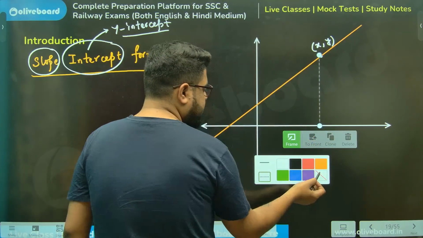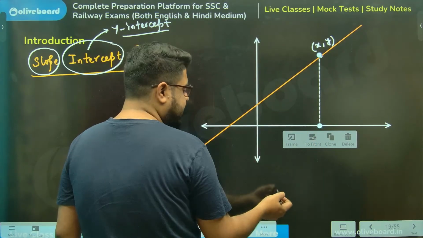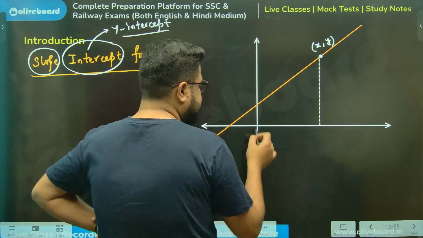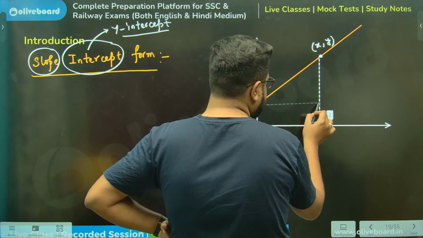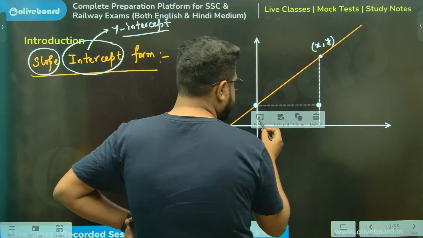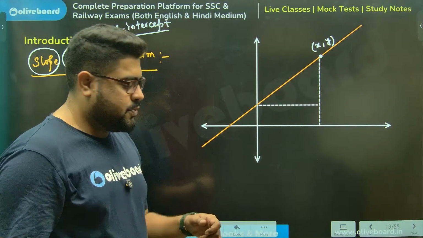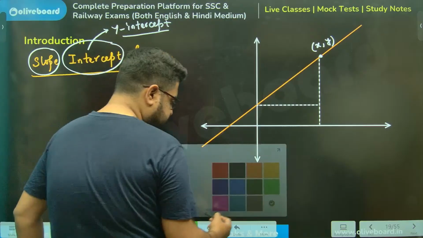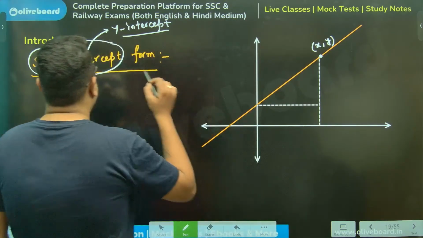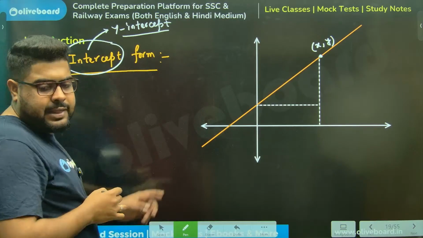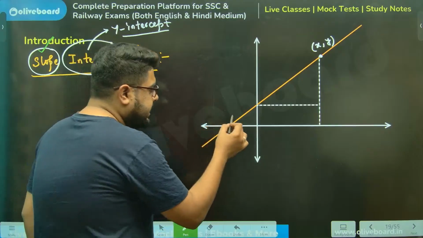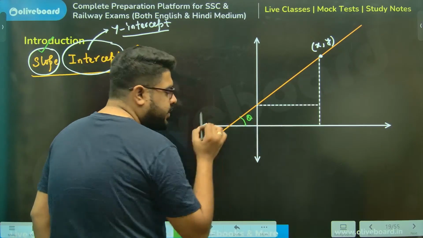What do we know the best? Draw perpendiculars. From here also, draw perpendiculars. Everyone done? Because I need the slope, I need that theta. This is theta.